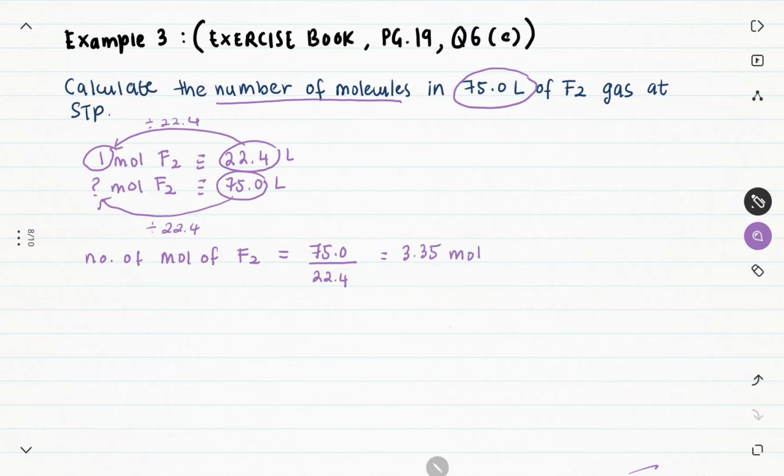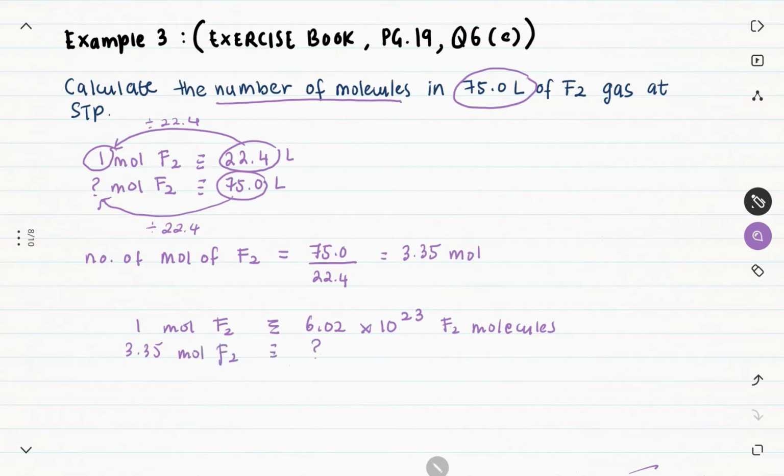Now convert it into number of molecules. So to convert to number of molecules, relate it with Avogadro constant. So 1 mole of F2 will have 6.02 times 10 to the power of 23 F2 molecules. Okay, so you have 3.35 mole F2.